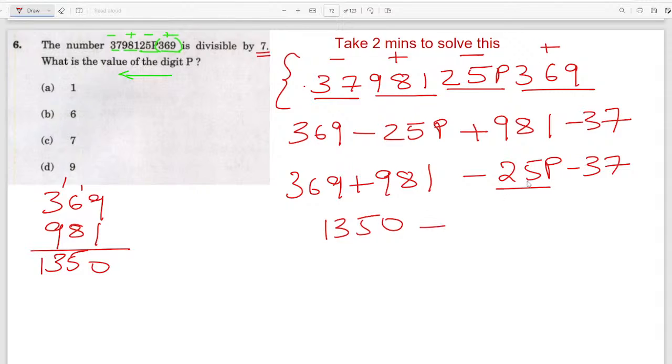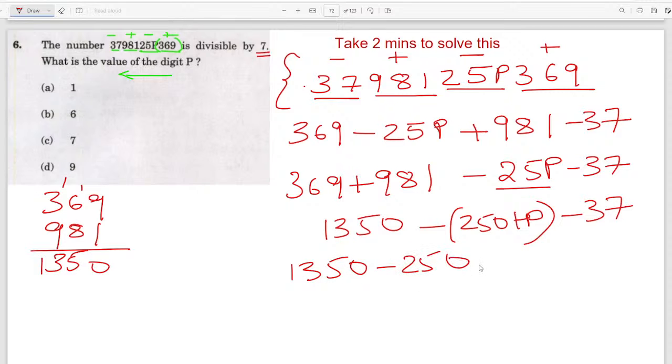I can write this 25P as 250 plus P, minus 37. And when I open this bracket, this will be 1350 minus 250 minus P minus 37. And this will be minus 250 and minus 37 is minus 287.